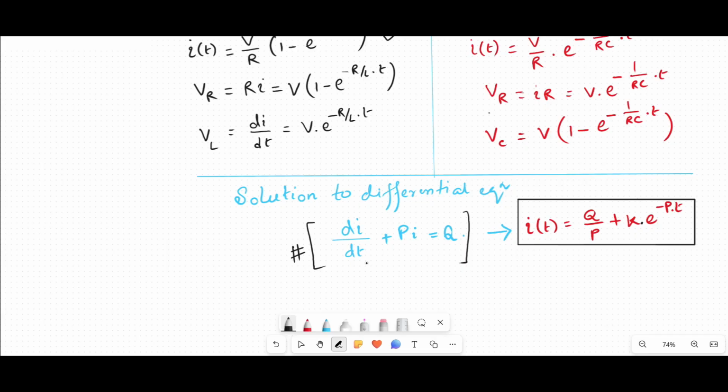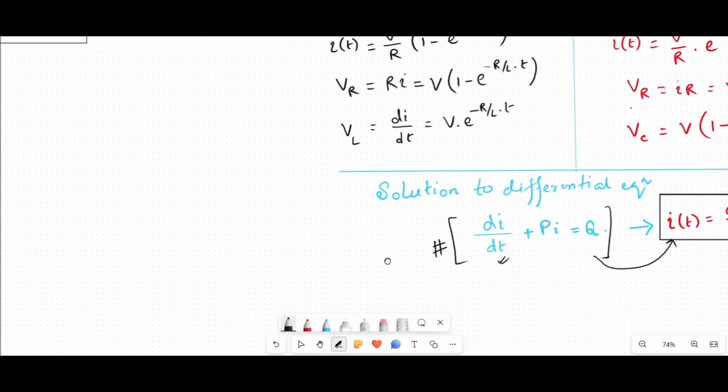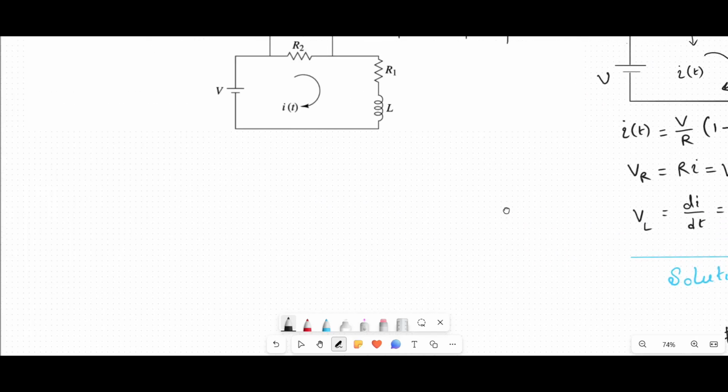In almost all the numericals we can attain this type of format, so from this we can easily determine the value of i(t).